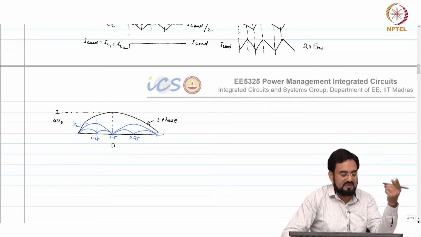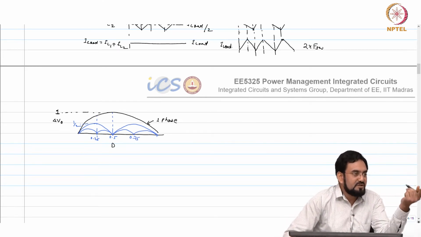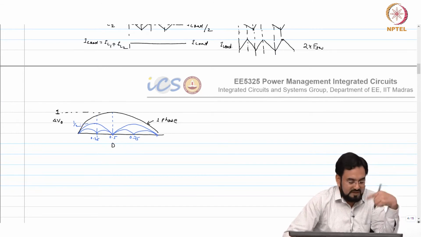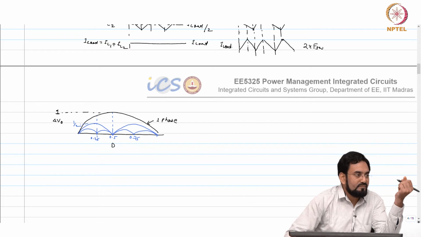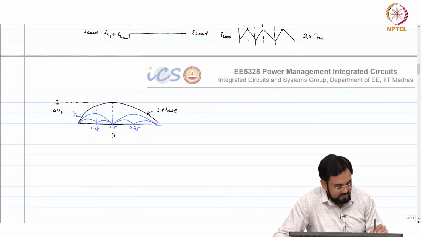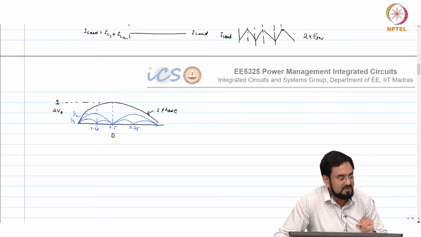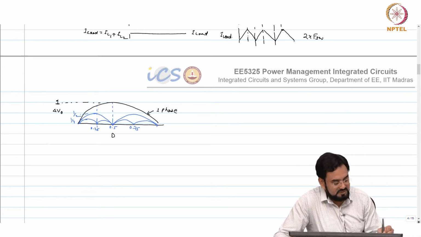So when you have a 4 phase, then you will get a 0 ripple at 0.25 and 0.75, and this will be 1/4.